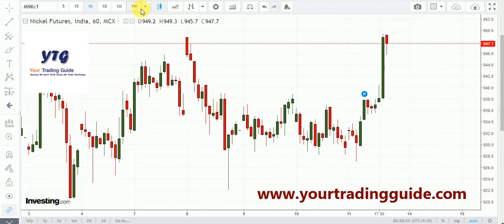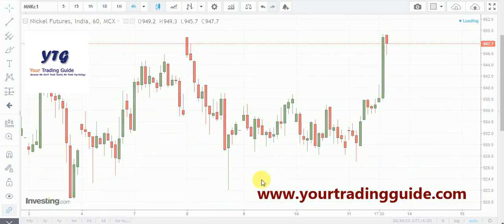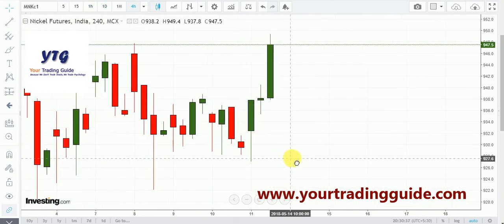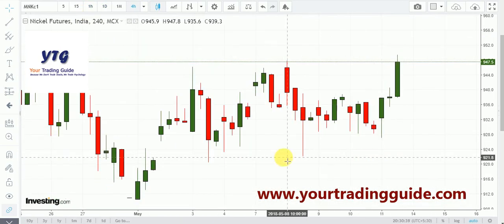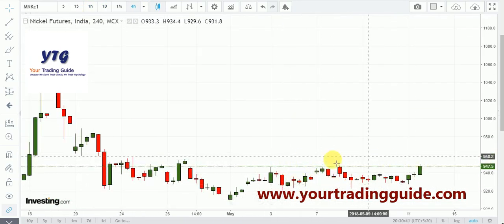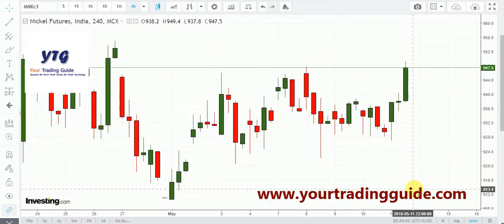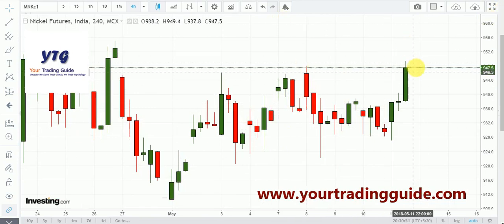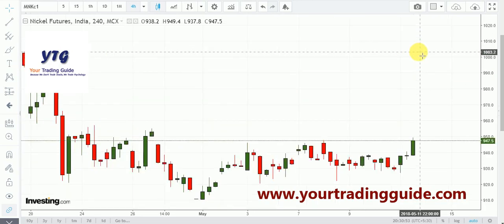Before that, let's go to the 4 hour chart, and what I can see here is that it is still consolidating into this range. Today it made a new high and broke this high, but still it has not gone significantly up.